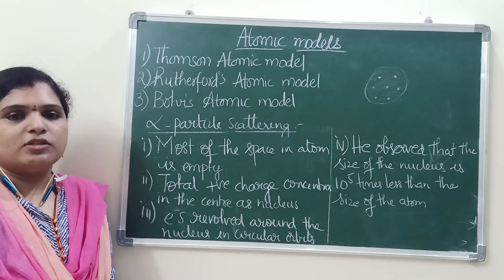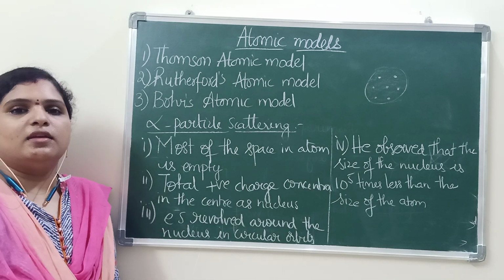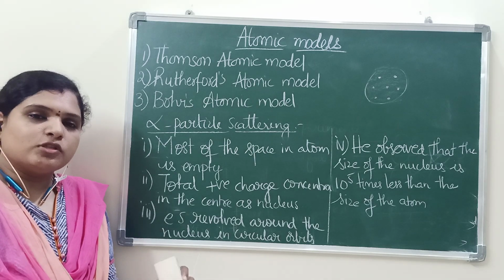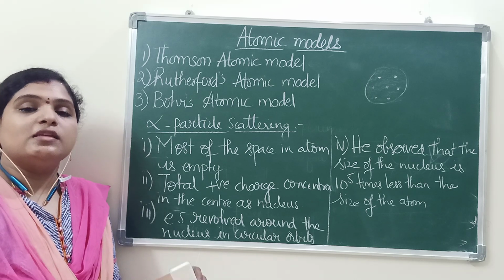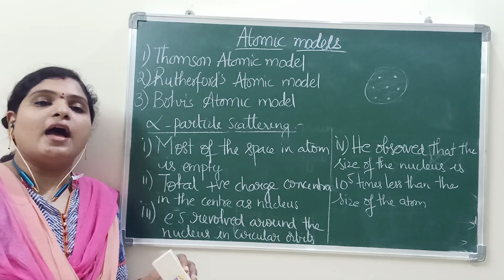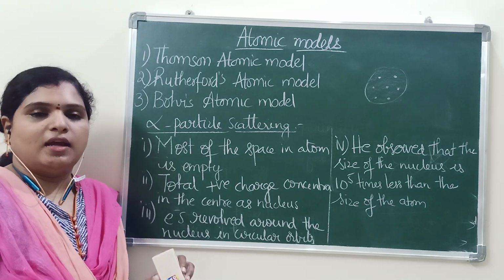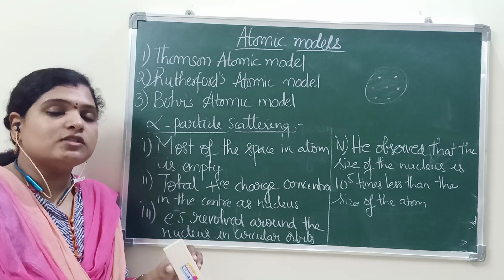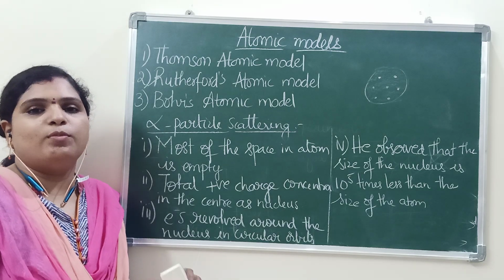What is the first postulate? Most of the space in the atom is empty, and the total positive charge of the atom is concentrated in the center of the atom as nucleus. That is the second postulate. And then the electrons will revolve around the nucleus in circular orbits.